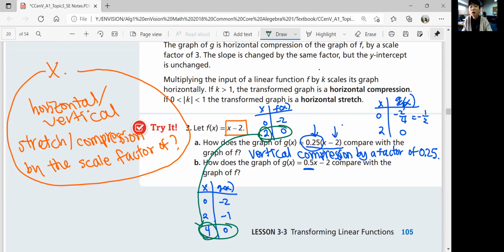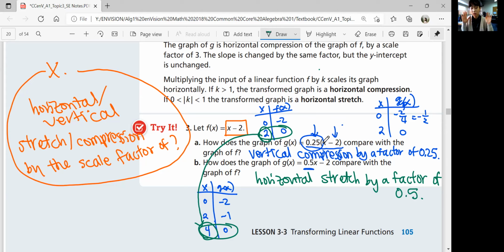So this is a horizontal stretch by a factor of 0.5. So you can describe the horizontal and vertical stretches and compressions by looking at the points and comparing the points and the values. For vertical, you need to compare the outputs. For horizontal, you need to compare the inputs. Just keep that in mind.